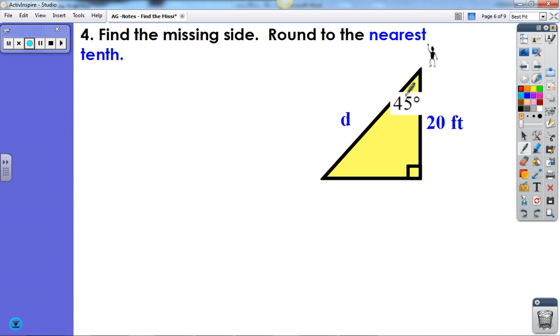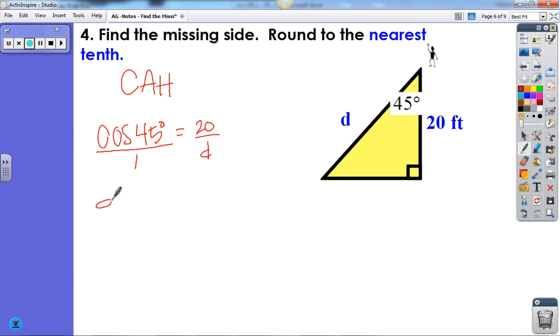Here is my angle measure. I'm given the adjacent, and I'm looking for the hypotenuse. Cosine uses adjacent and hypotenuse. So I'm going to set this up as the cosine of 45 degrees equals adjacent, which is 20, over hypotenuse, which is d. Set up my proportion, and I can cross multiply. D times the cosine of 45 equals 20.